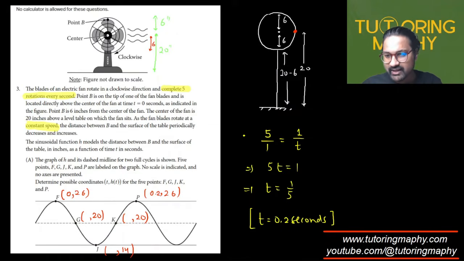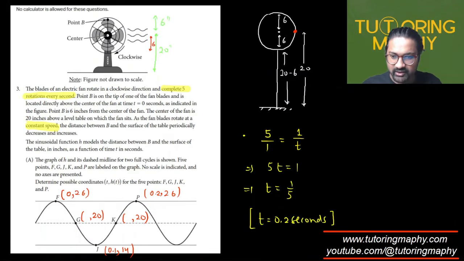And can I say that J must have been at half the period, because it is exactly at the middle. So this should have been at half, which is 0.2 over 2 is 0.1. And what is the midpoint of 0 and 0.1? Notice carefully, this is right at the middle, so obviously it should have moved symmetrically. So this would have been 0.1 over 2, which is 0.05.